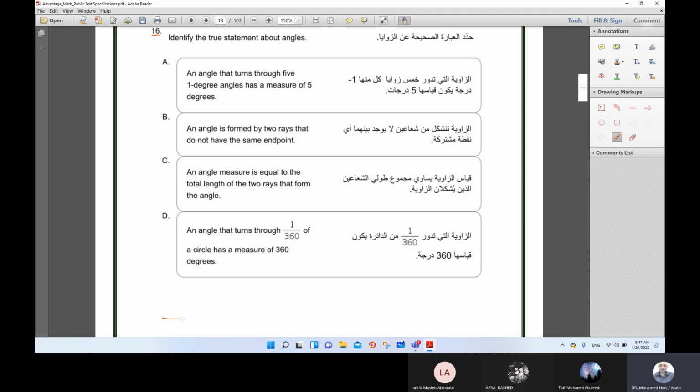As you remember, the angle between two vectors. This is the first vector, the second vector. This is the angle between them.